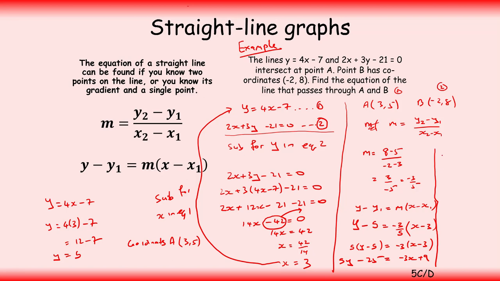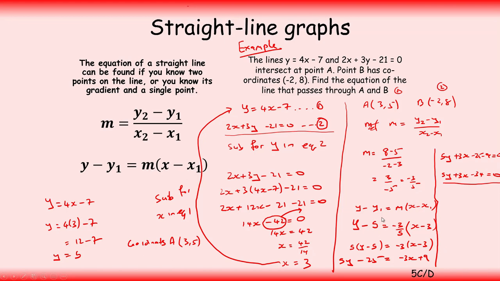So that leaves me with 5y plus 3x minus 25 and then minus 9 equals 0, and simplifying that gives me 5y plus 3x minus 34 is equal to 0, and that's the equation of the line that passes through A and B.